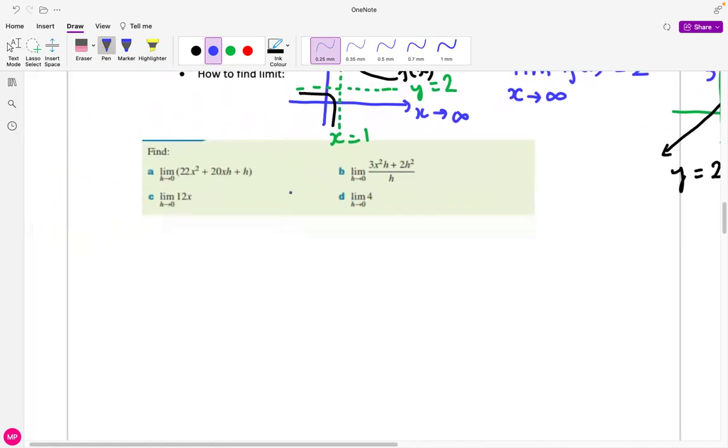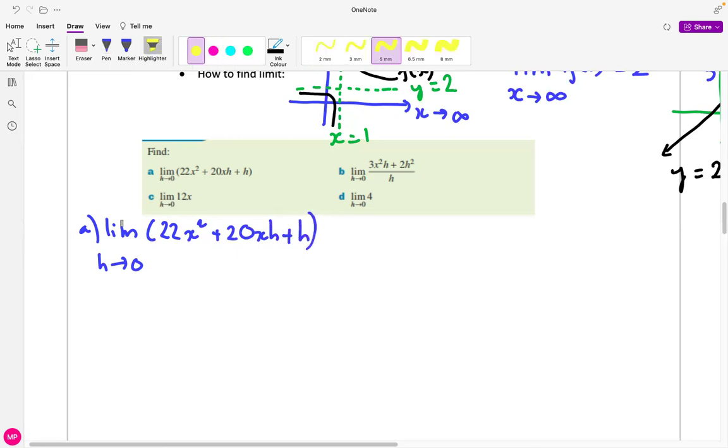Now here are a few examples of how to get the limit. The idea is just to substitute whatever value is being approached into the unknown variable. Here I have the limit of h approaching 0 of 22x squared plus 20xh plus h.